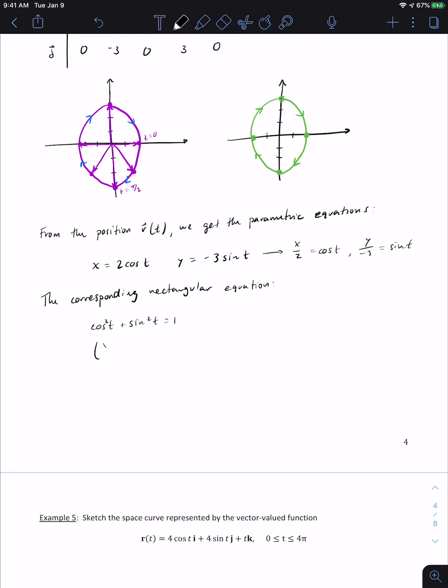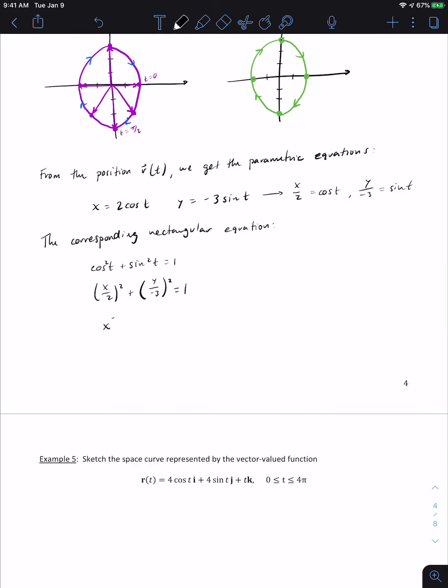So this would mean that (x over 2) squared plus (y over -3) squared equals 1, which gives me x squared over 4 plus y squared over 9 equals 1. And remember, when my denominators are different, this is an ellipse.